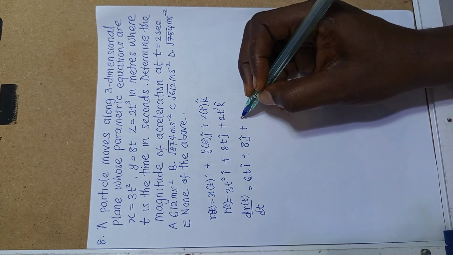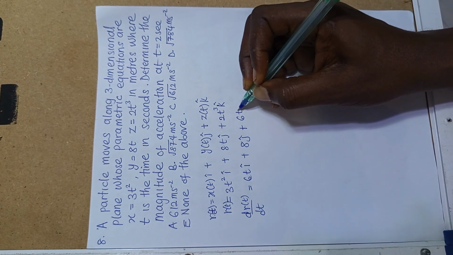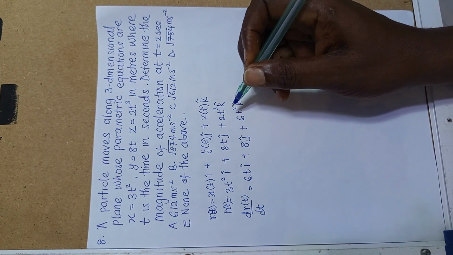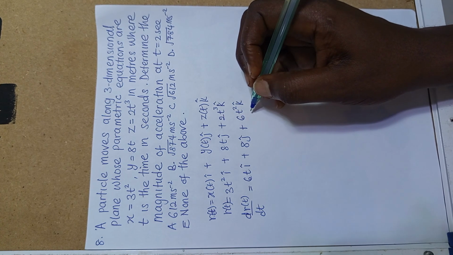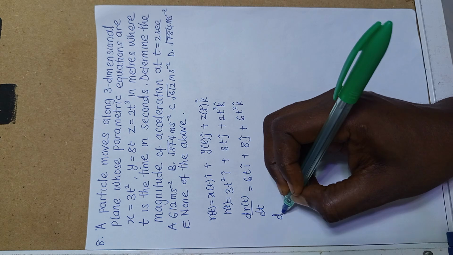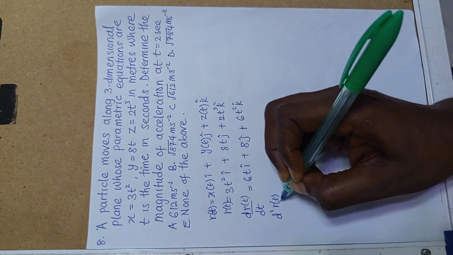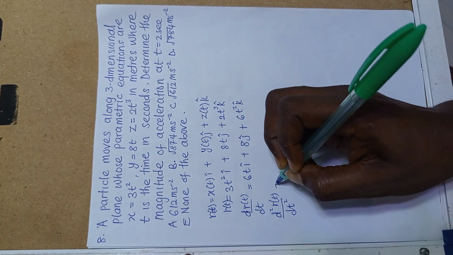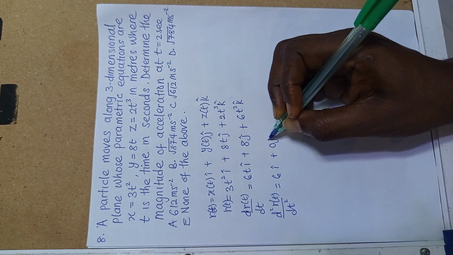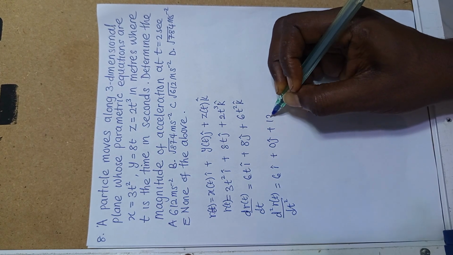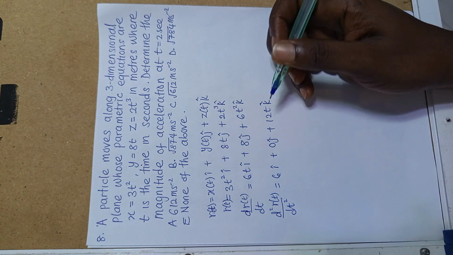If you differentiate 2t³, we are going to have 6t² k, since 3 times 2 is 6 and 3 minus 1 is 2. We go the second time, the second derivative, d²r/dt², and we are going to have 6i plus 0j plus 12t k.